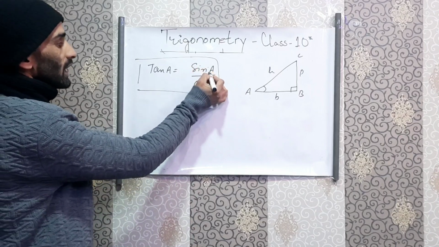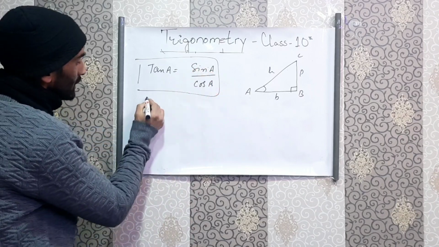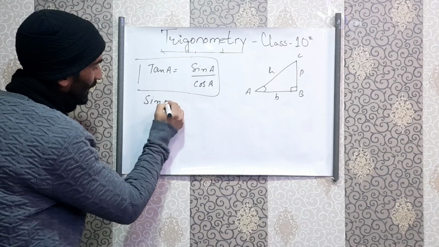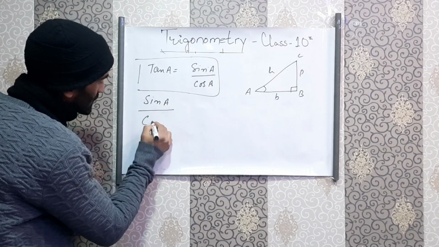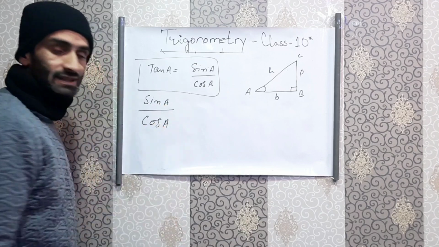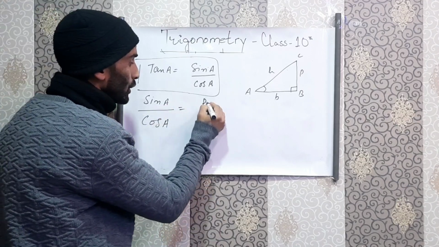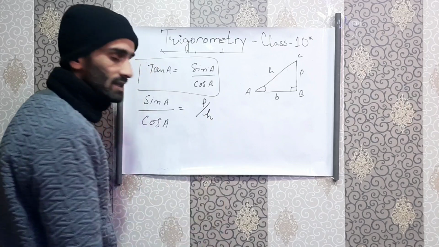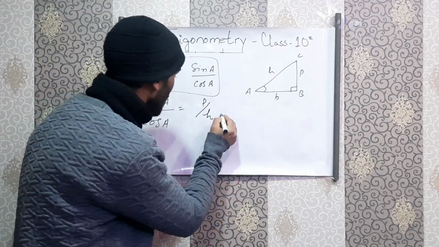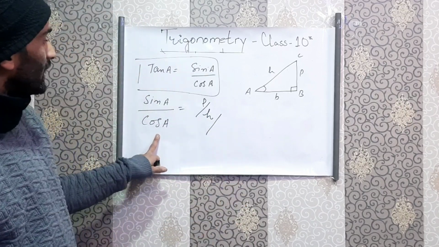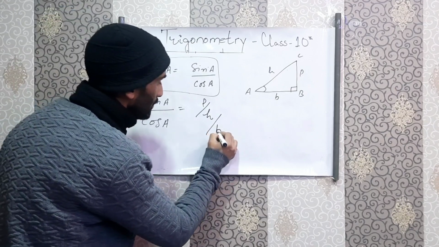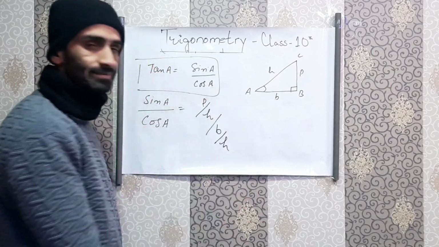We are going to take the RHS, that is sine A by cos A. Just now we learned sine is equal to perpendicular divided by hypotenuse, then divided by cos A, which is equal to base by hypotenuse.